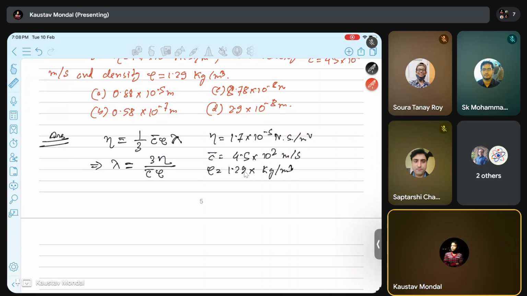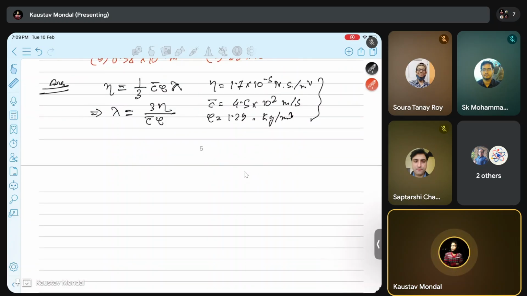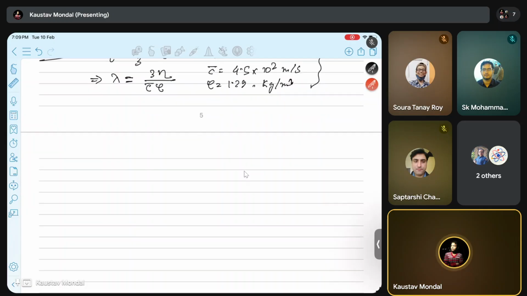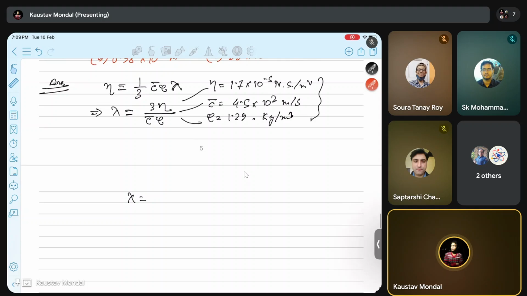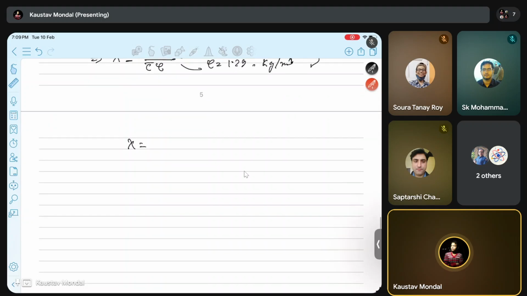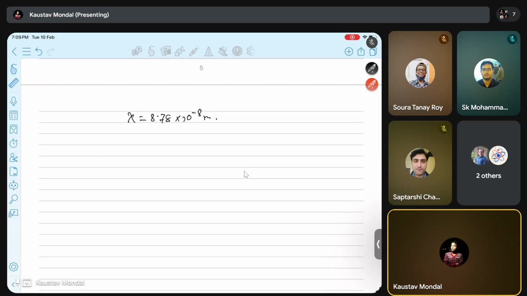Substituting all the values, you get lambda as 8.78 into 10 to the power minus 8 meter. Okay, this is a straightforward problem.